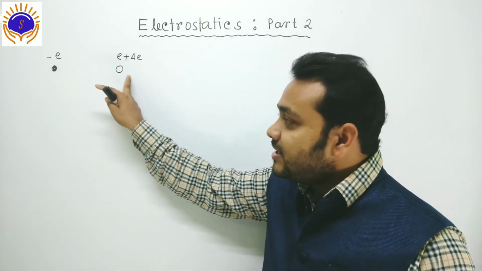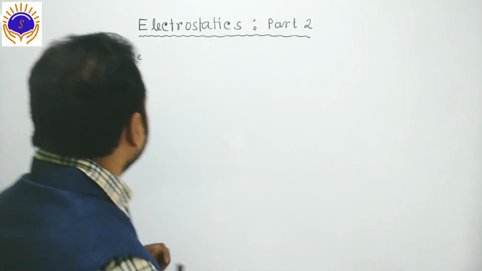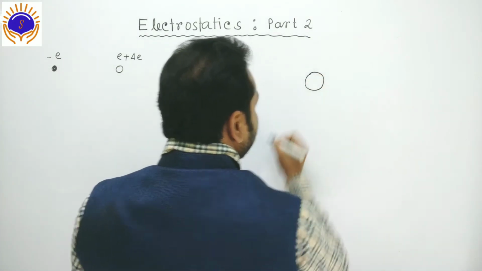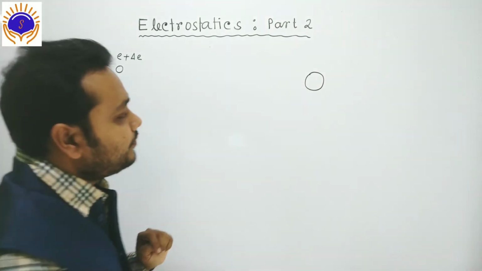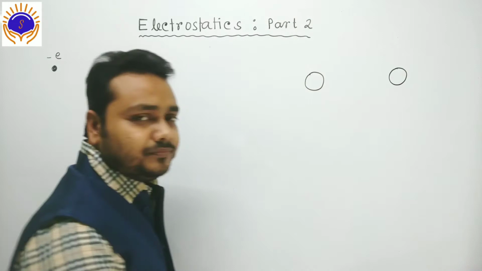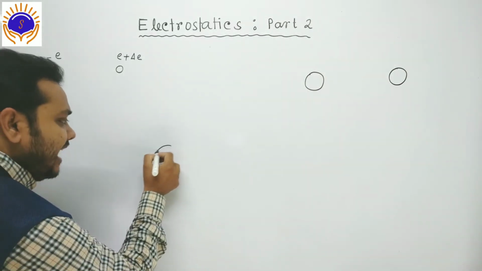The charge of the proton is greater than the charge of the electron. Okay, there are two hydrogen atoms. This is a hydrogen atom and this is another hydrogen atom.